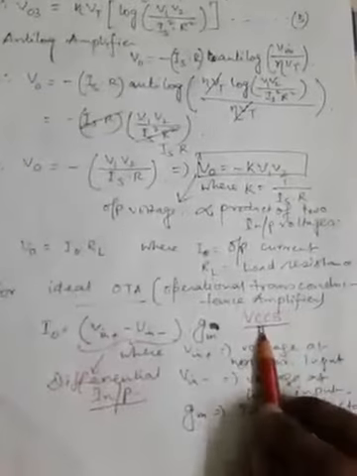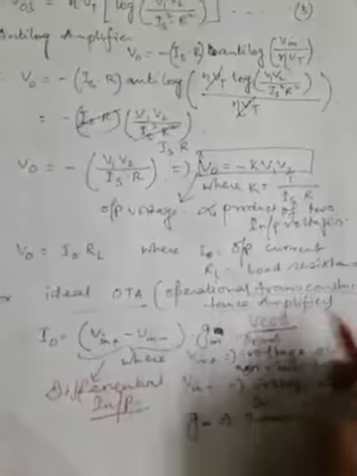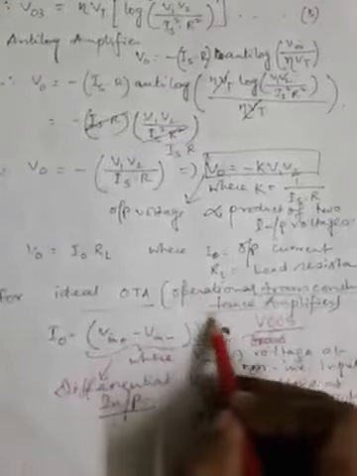Hence, this voltage controlled current source is alternately called a transconductance amplifier. Here I have already written transconductance amplifier. And since it is constructed with the help of an op amp, it is called an operational transconductance amplifier. In short, it is called OTA.